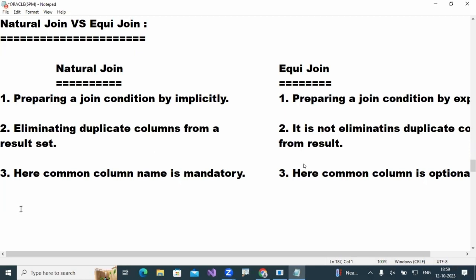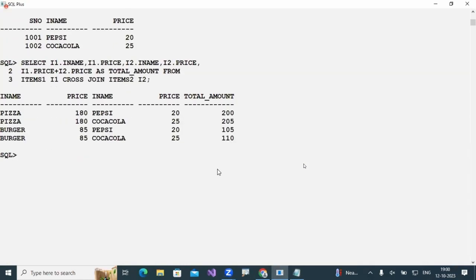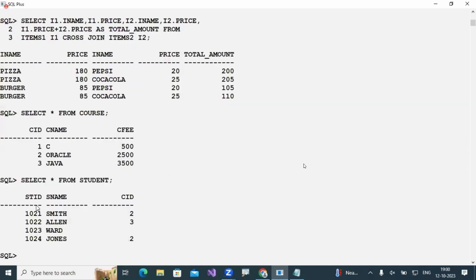Okay, let's see the example on this too. Already you have a good idea on equi-join. So let me come out and see this. Come to the tables. These are the two tables. On these two tables, if I want to use my equi-join, how to write it?